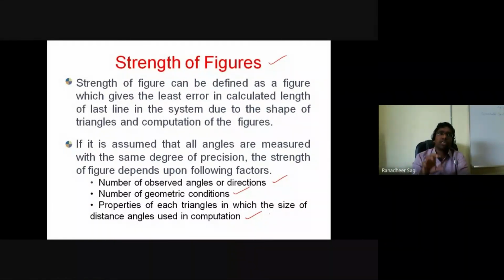However, it may not be possible in all cases to have an isosceles triangle, so it would be suggested to have an equilateral triangle. So it totally depends on how the shape of that triangle is chosen, and based on the angles in that triangle you find your unknown sides. The properties of each triangle building your triangulation network define the strength of that particular figure.